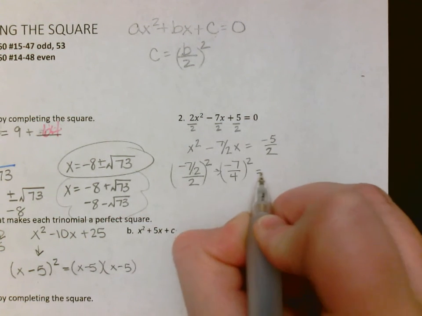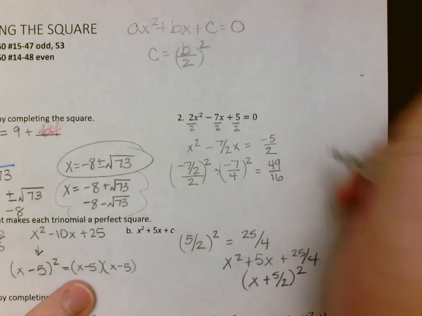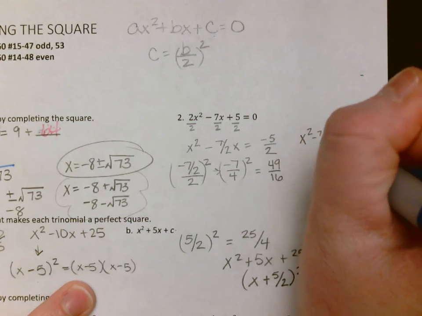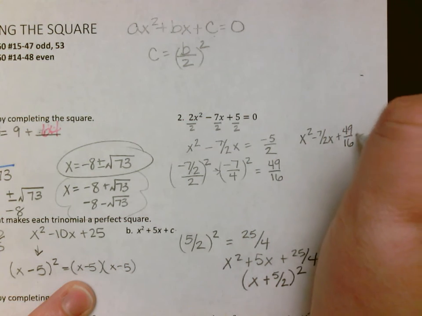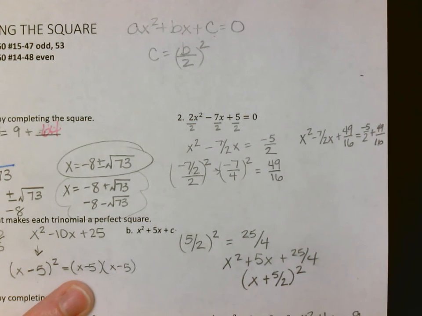Squared, which is going to give me 49/16. And so the magic number I'm going to add is 49/16: x squared minus 7 halves x plus 49/16, as well as negative 5 halves plus 49/16.